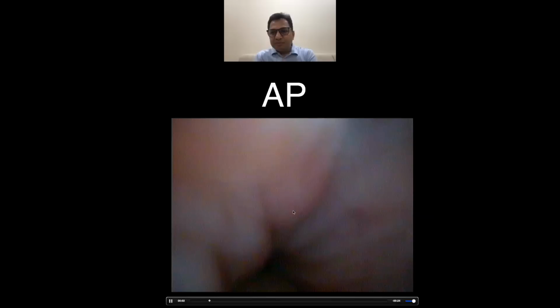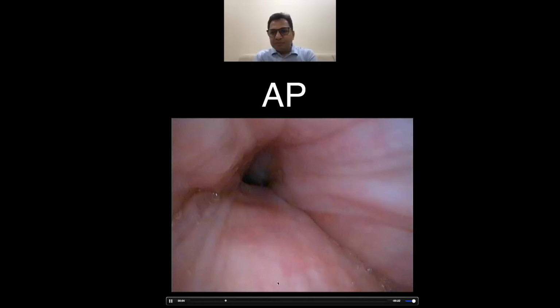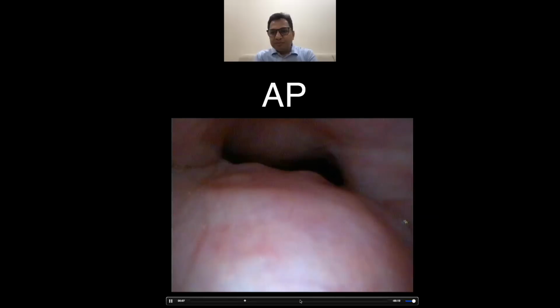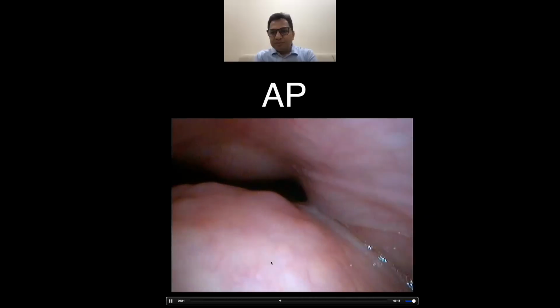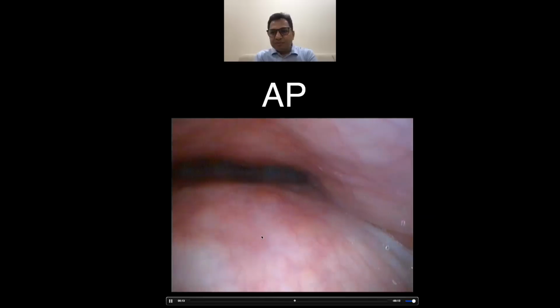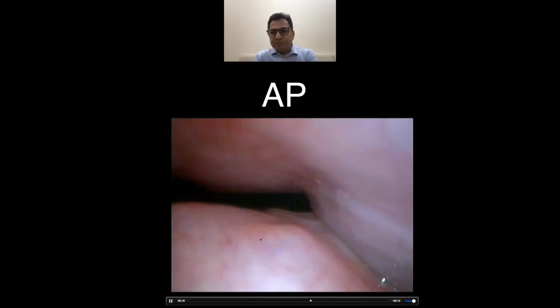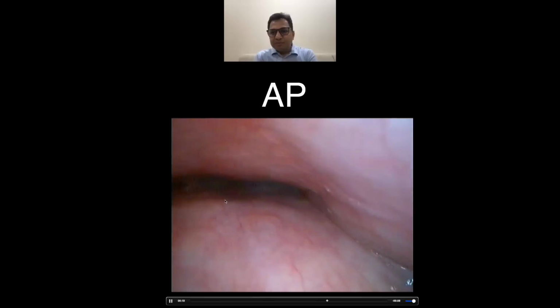Now the lower part is the AP collapse. Posterior collapse. What is it made up of?